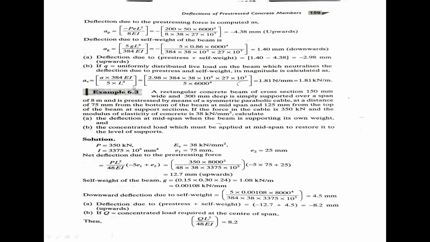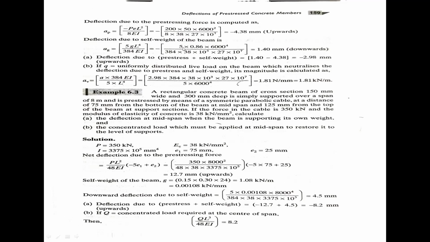Now we have to substitute the g value, only taken as self weight, using this formula for calculating deflection. Now substitute this in the equation. Deflection due to self weight of the beam is delta g equal to 5 g L to the power 4 divided by 384 E I. This is the downward condition.